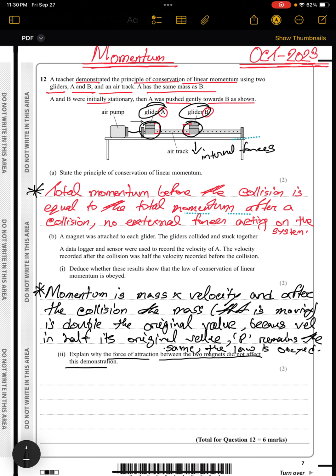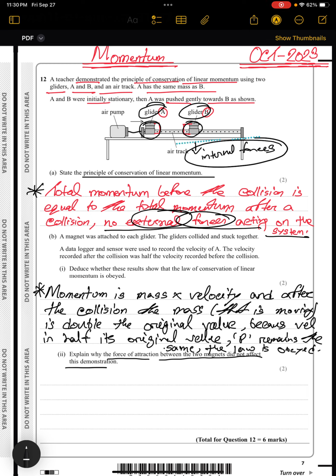And the principle of conservation of linear momentum says no external forces acting on the system. So these are internal forces, not external forces. As long as the internal forces are acting, there is no issue with the principle of conservation of linear momentum. So this is one point, and we have to mention another point from these 2 marks in order to get the whole marks.